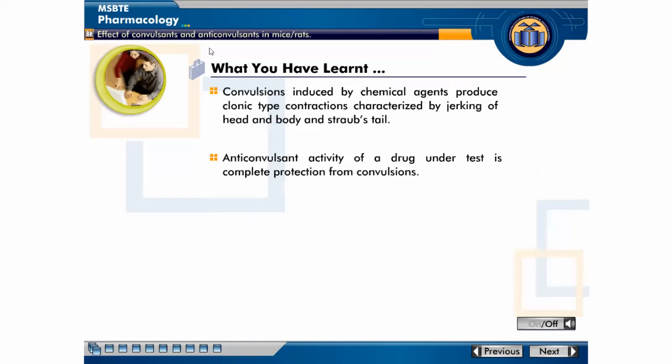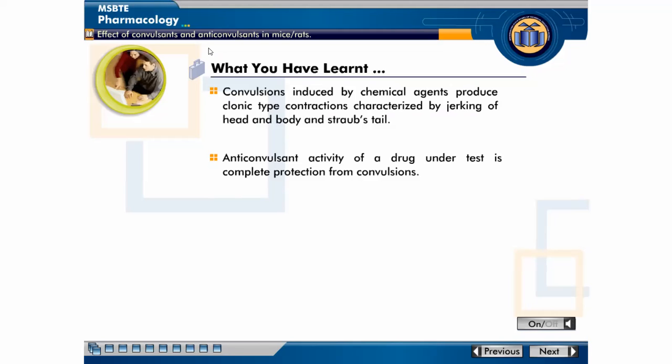You have learned that convulsions induced by chemical agents produce clonic type contractions characterized by jerking of head and body and Straub's tail. Anticonvulsant activity of a drug under test is complete protection from convulsions. So we concluded that an anticonvulsant agent acts against convulsion, that is, it treats the convulsion.